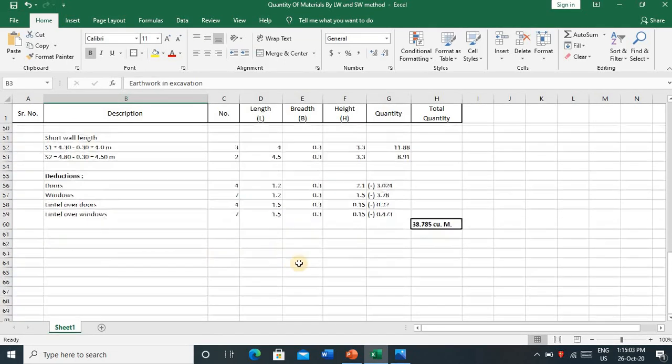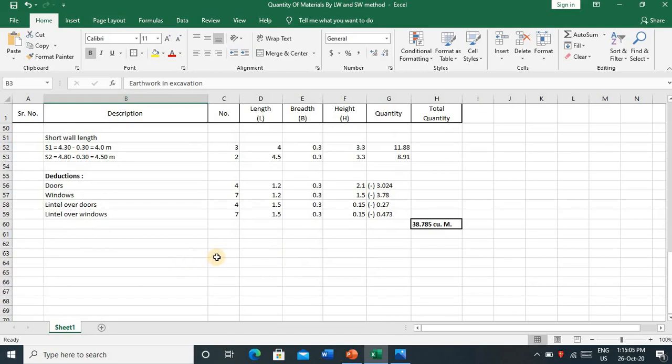Okay, so before the video gets too long, we will stop this video here, and in the next lecture we will see how to calculate the quantities by another method, that is total center line method. The plastering quantity is same for both the methods, so we will cover the plastering quantity in total center line method.